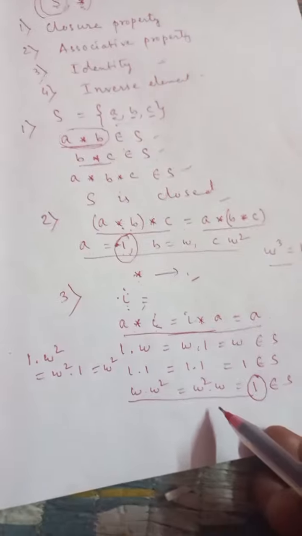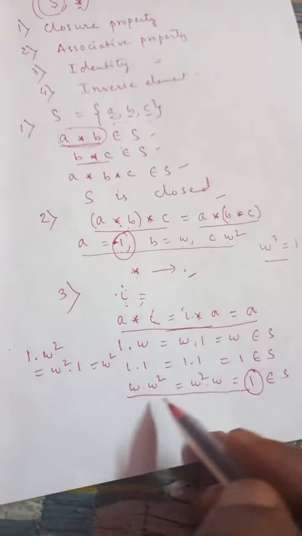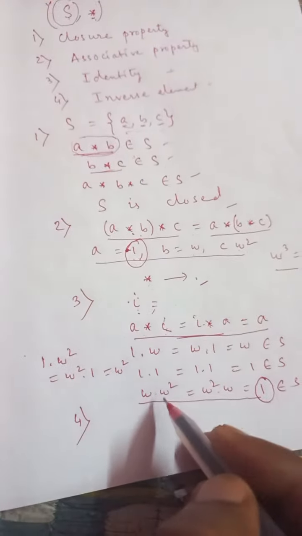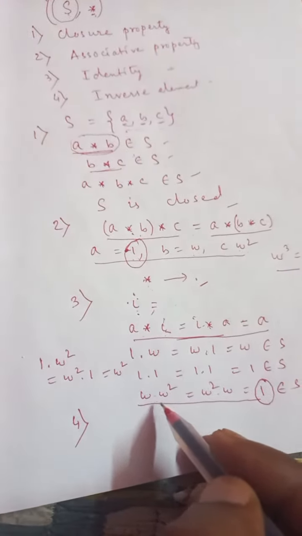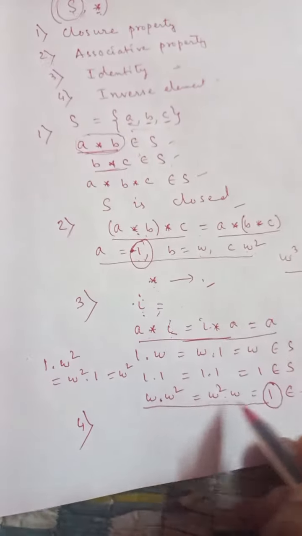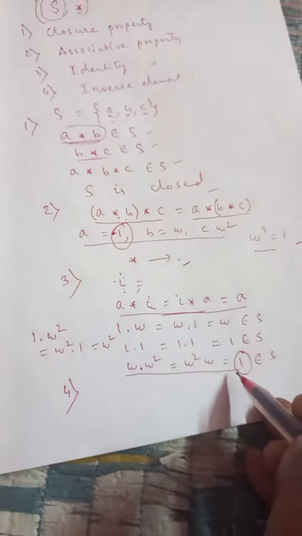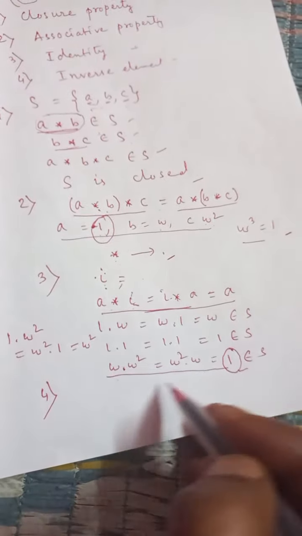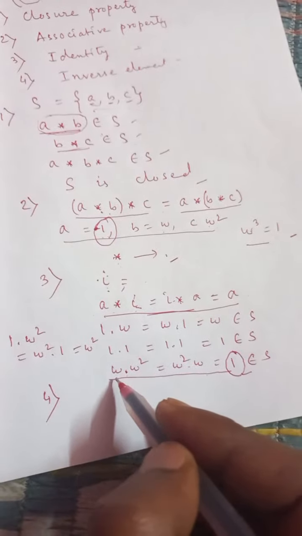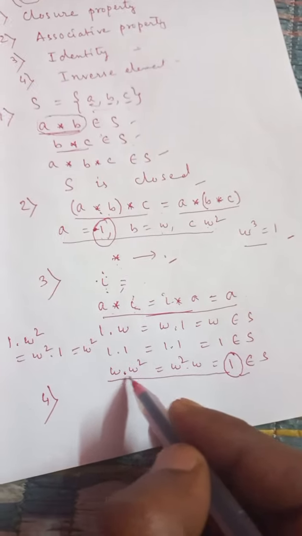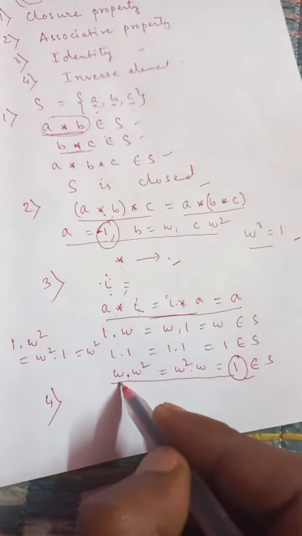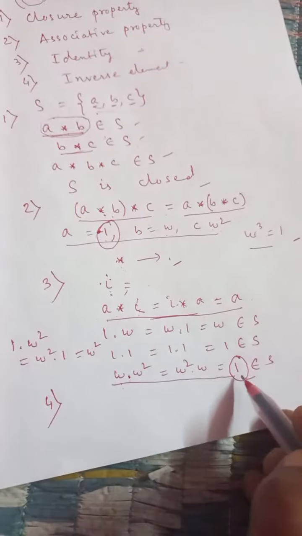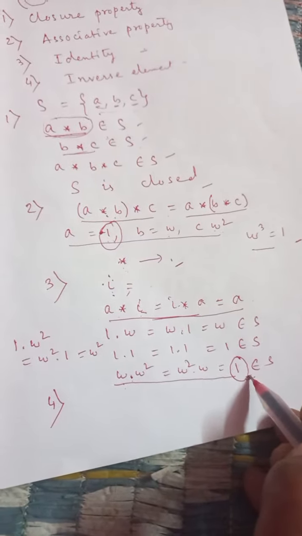So now the question is, what is the inverse element? Inverse element means that for other elements under the binary operation, we can find the identity element. Under the binary operation, for any two elements, the left inverse or the right inverse is equal to the identity element.